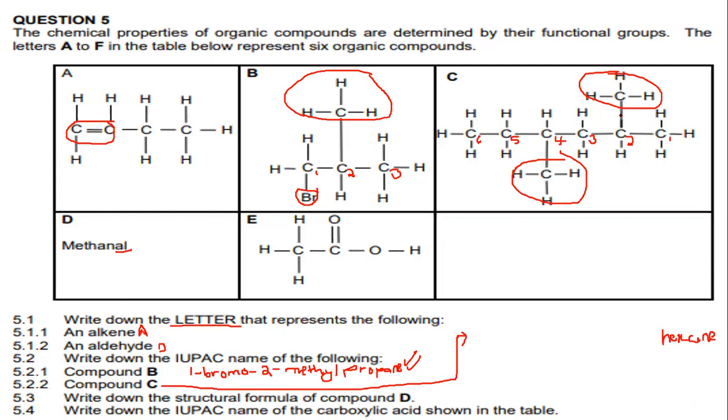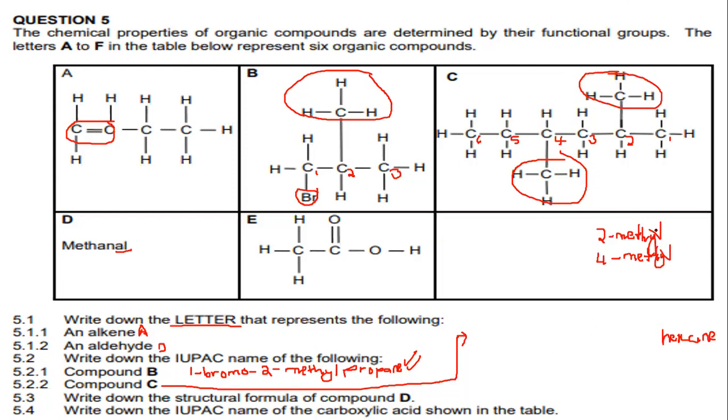Then I see on carbon 2 I have a methyl, so it's a 2-methyl. Then on carbon 4 I have a methyl, so it's a 4-methyl. Now, what can you see now? Remember, these ones have to come in front.